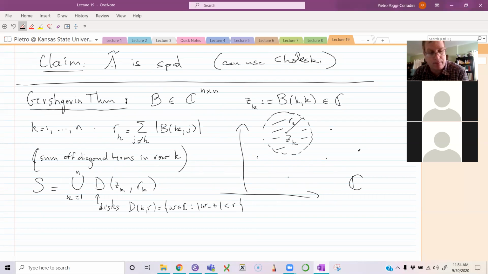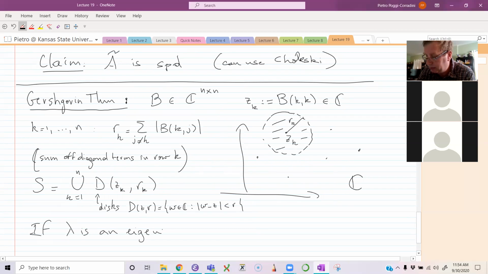And I guess they are open disks. And the claim then of Gershgorin theorem is that if lambda is an eigenvalue of the matrix B, then this eigenvalue needs to be in the union of these disks.